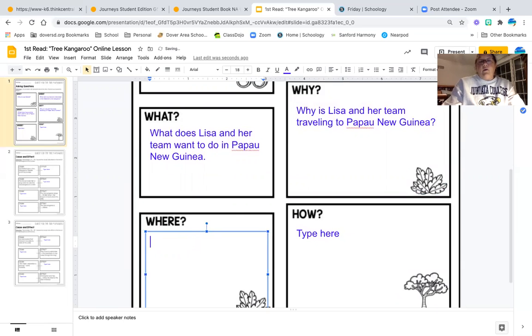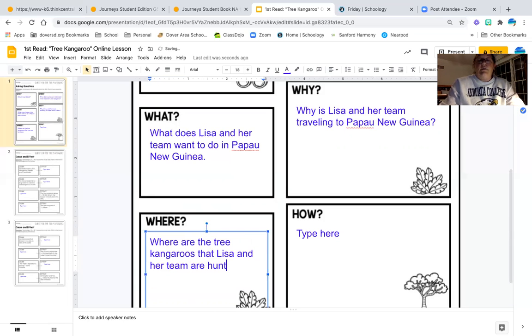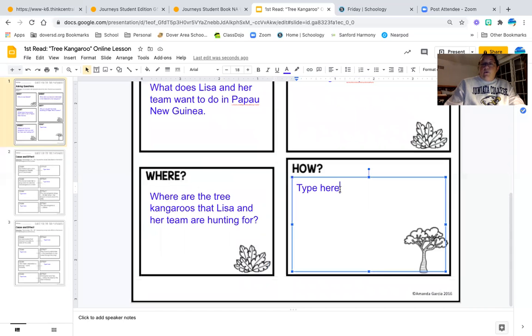So the where question that popped into my head was, where are the tree kangaroos that Lisa and her team are hunting for? And of course, that would be Papua New Guinea. And then a how question.